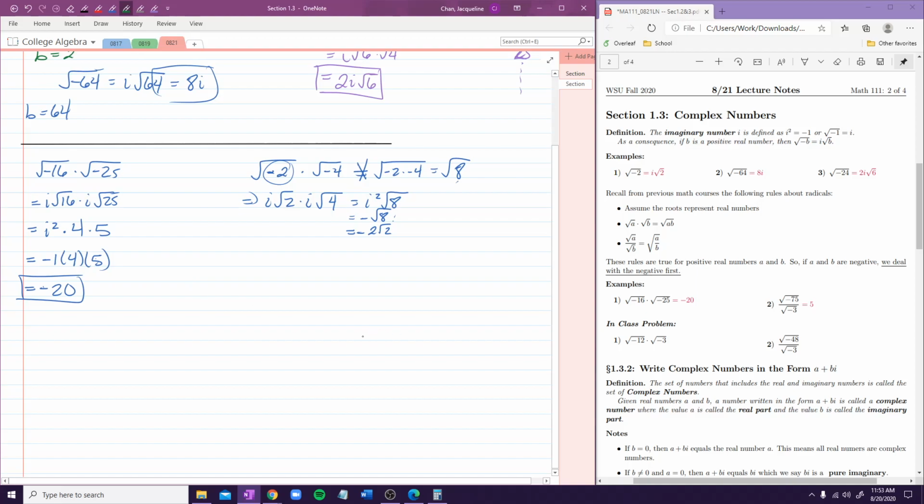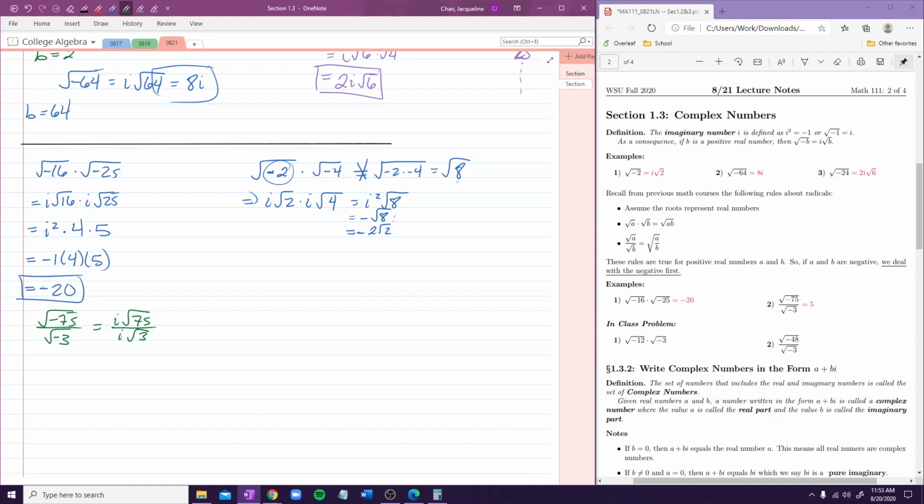Now let's do an example where we're dividing. So we're given the square root of negative 75 divided by the square root of negative 3. Okay, so first let's deal with our negatives. So this becomes this. Normally what I tell students is before you multiply, divide, or anything, I would reduce first.